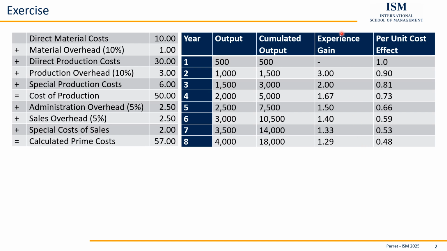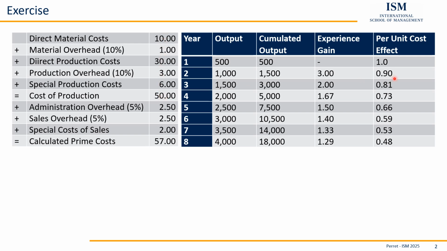Everything of this is quite interesting, but for our exercise, we will only require the information in the last column, which then gives us, based on the experience gain, our unit cost effects, meaning those multipliers expressed by which factor the cost displayed in this table up to the cost of production will be changing.